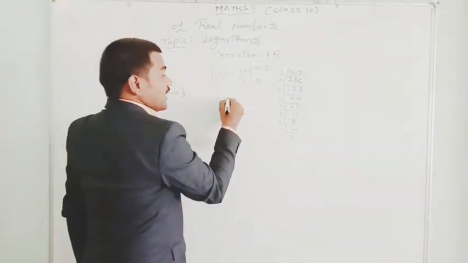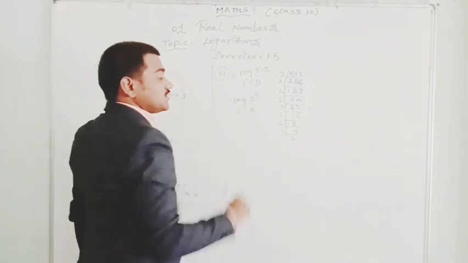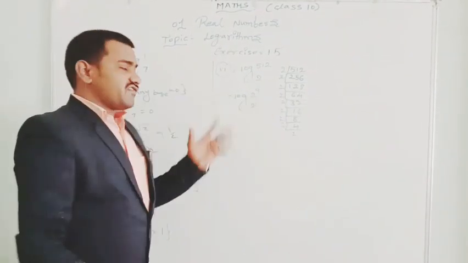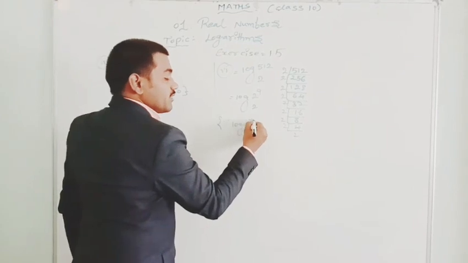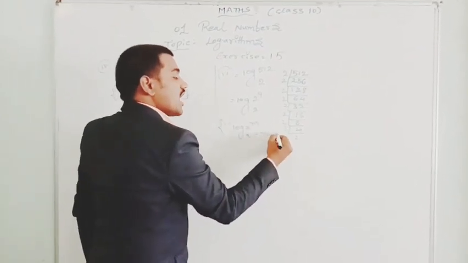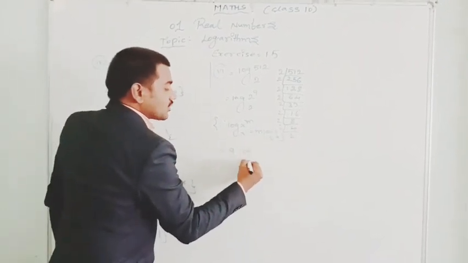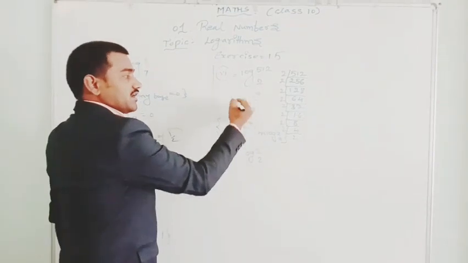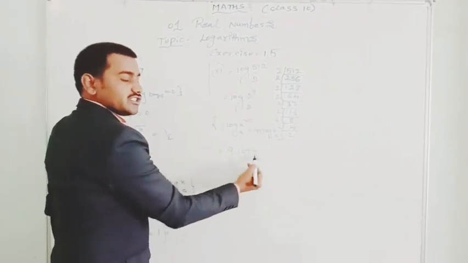So 512 we can write as 2 to the power of 9 with base 2. Here is the same formula we used in the previous problem, log x to the power of m base a equal to m log x base a, that equals 9 log 2 base 2. This 9 will come here and multiply with the log.